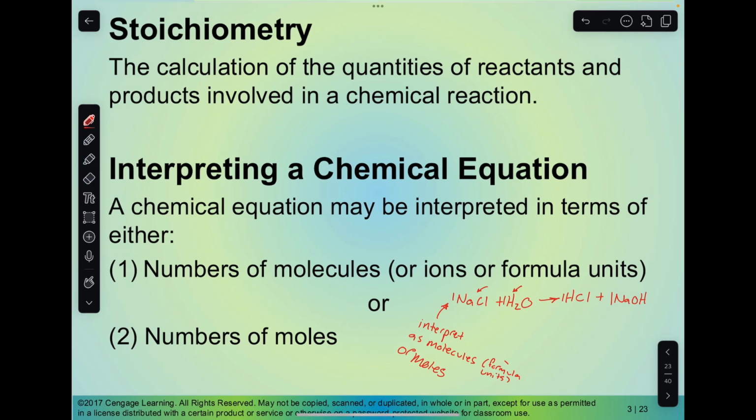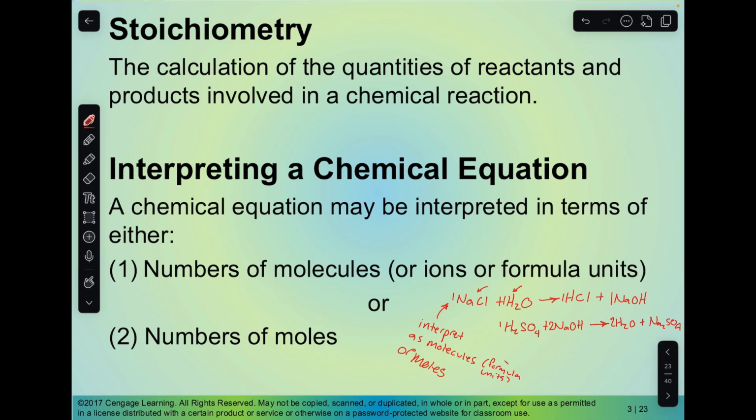So for example, these are all 1 to 1 to 1, but if we had H2SO4 plus NaOH, we would get H2O plus Na2SO4, and we would then have to multiply this by 2 in order to get that value, which means we multiply this by 2.